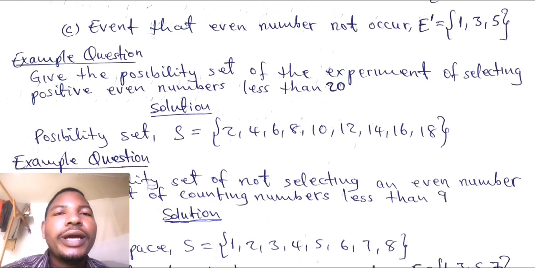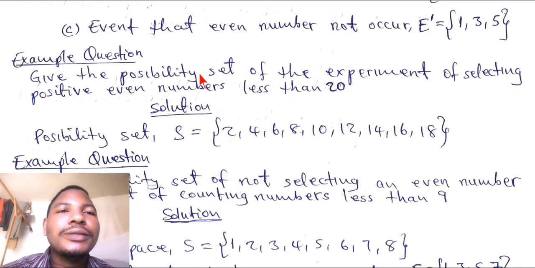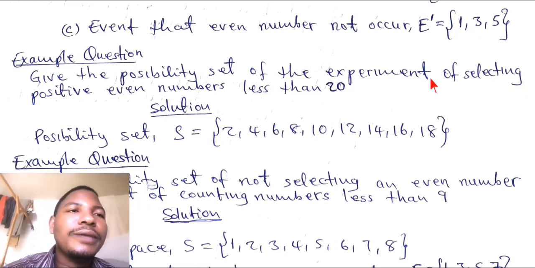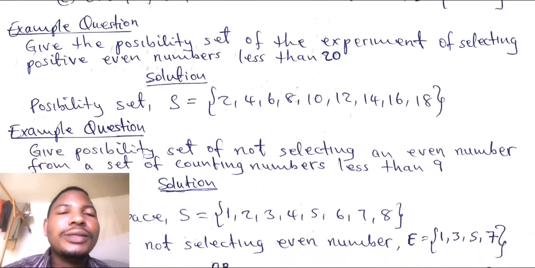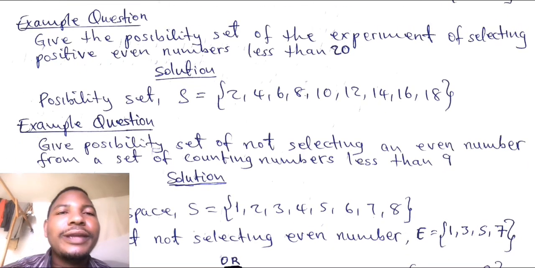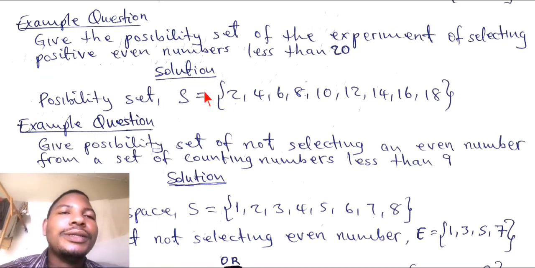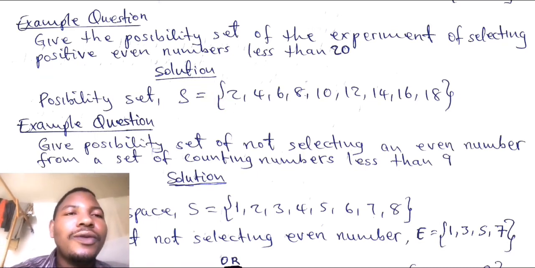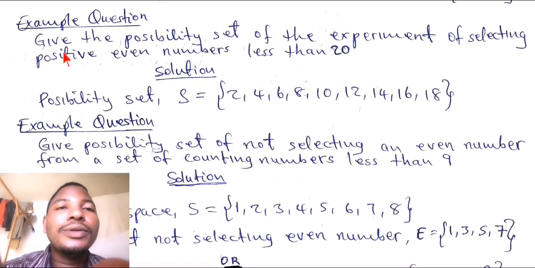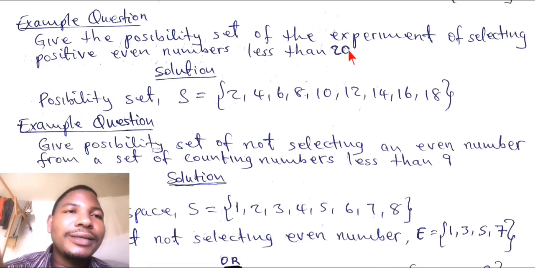Second question here, given the possibility set of the experiment of selecting positive even number less than 20. So the possibility set here will be equal to set S, which is 2, 4, 6, 8, up to 18, because it says positive even number less than 20.